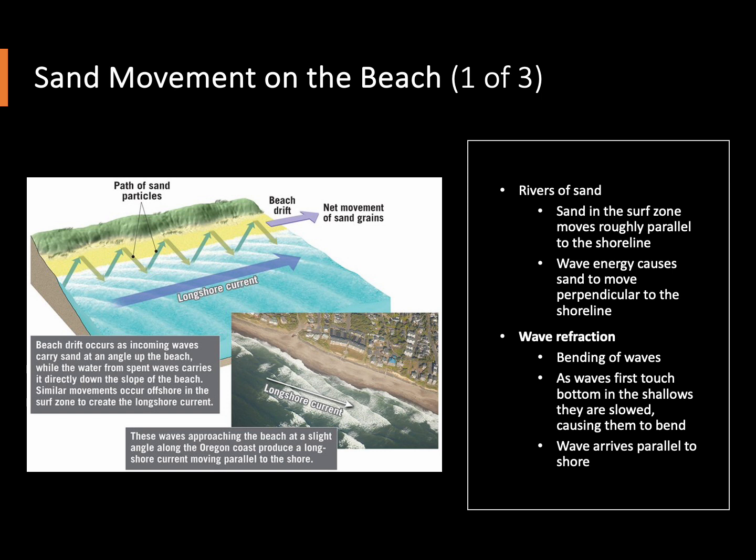The reason why we have this longshore current is due to the fact that as the waves are moving in from the ocean along our shoreline, they start to bend. And this is because they start touching the bottom of our seafloor, which is going to slow them down, causing them to bend.